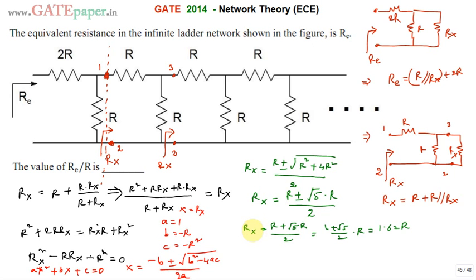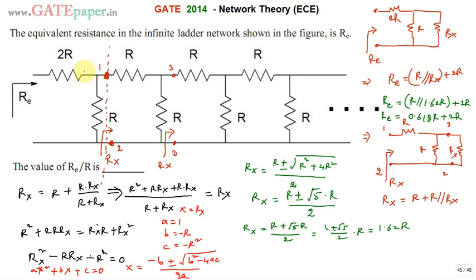Now we have calculated Rx in terms of R. Now we will calculate Re. Re is equal to R in parallel with Rx, that is 1.62 times R, plus 2R. Finally, R in parallel with 1.62 R will be equal to 0.618 R, plus 2R.